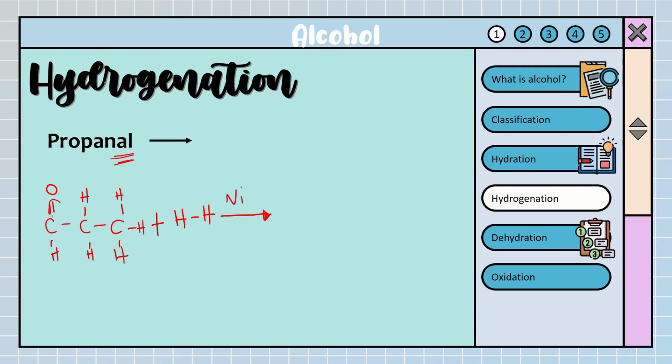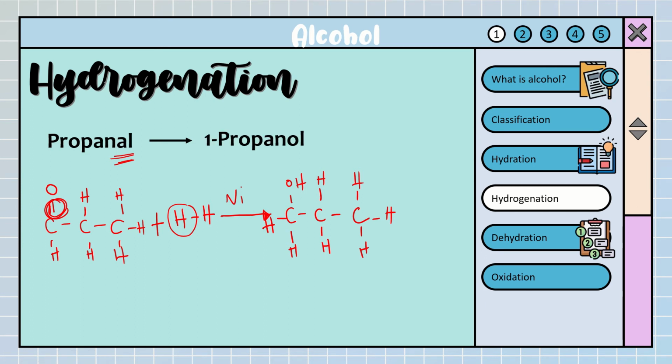The double bond in here will be broken down, allowing one hydrogen to be bonded to the oxygen and another hydrogen to be bonded to the other single-bonded carbon. So we have here OH, H in here, H, and then the other hydrogen can be found in here. Therefore, we now have as a product 1-propanol.